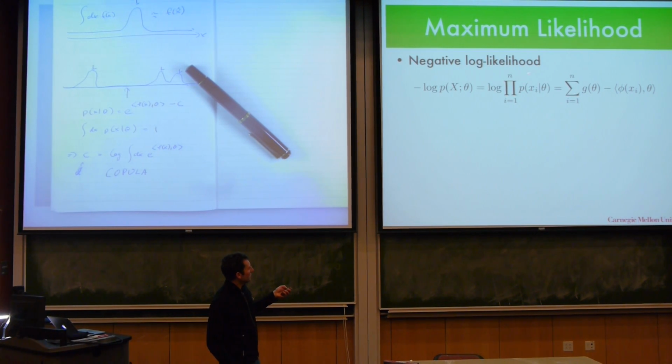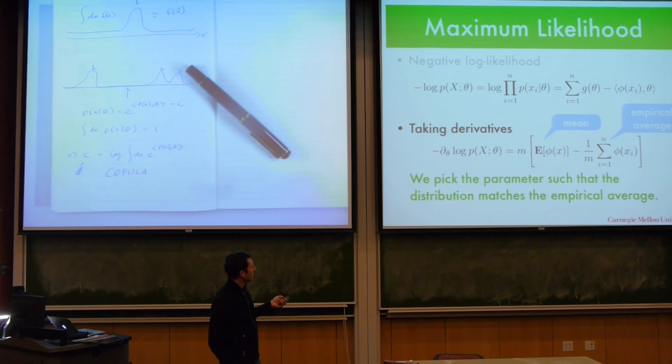And now, by just taking the log of the exponential, this becomes really nice. We have g of theta minus phi of xi and theta, summed over i going from 1 to n. Okay. By the way, m equals n. Typo on the slide.